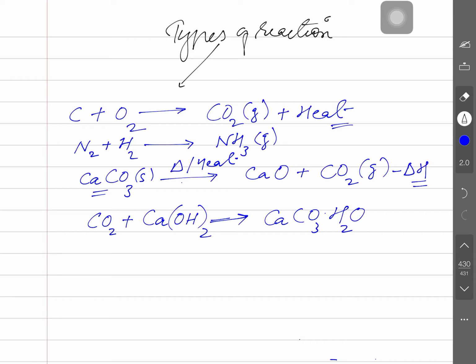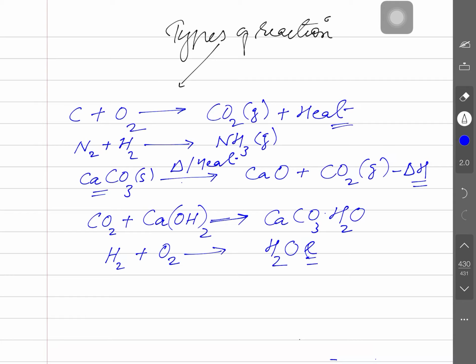Is that clear? And some more reactions I am writing here. Hydrogen combining with oxygen to form H2O. So this could be liquid, and that we do not need to write here.